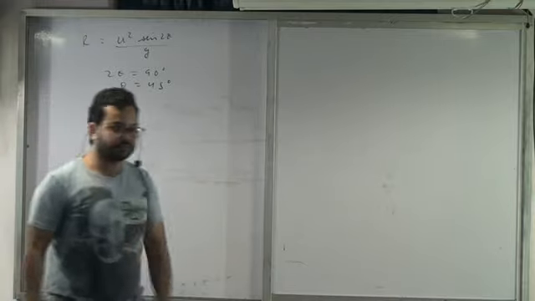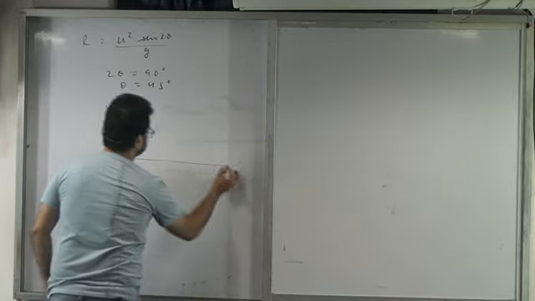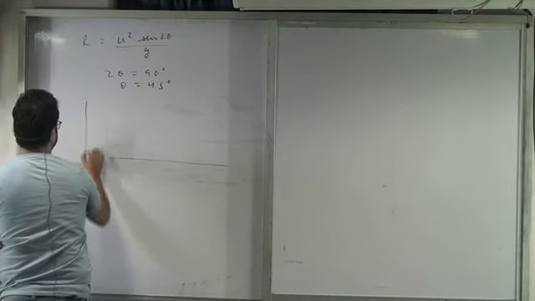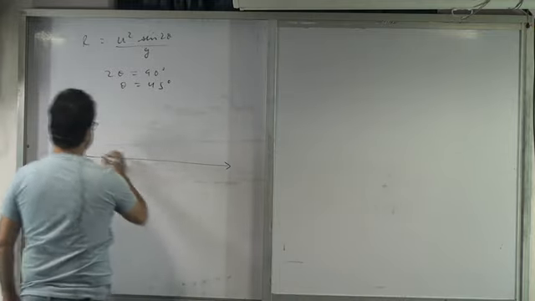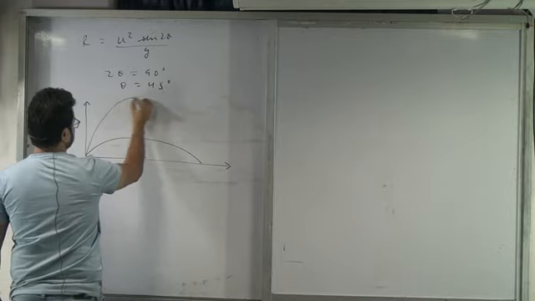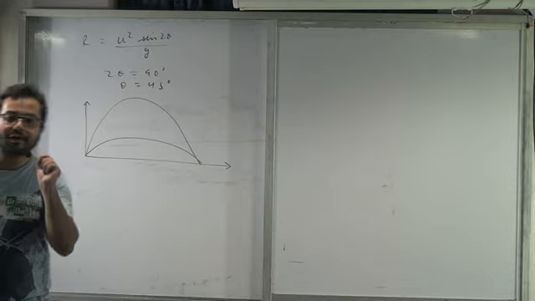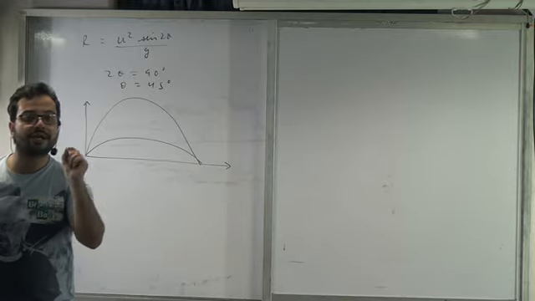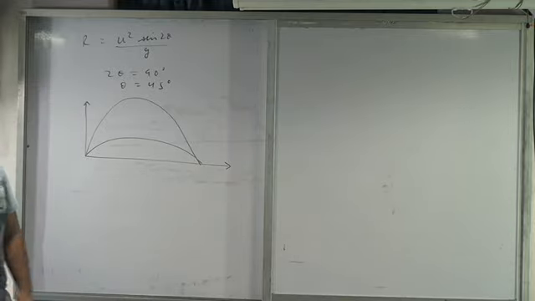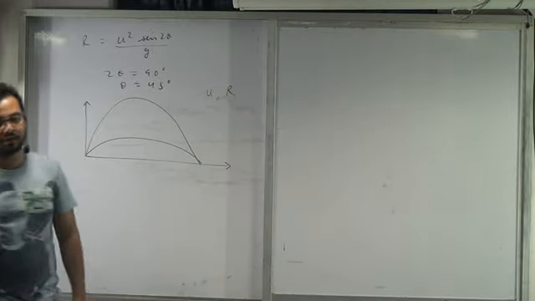Is that right? Okay. Now understand this. For a given range and for a given speed of projection, I am talking about a given u and a given r.